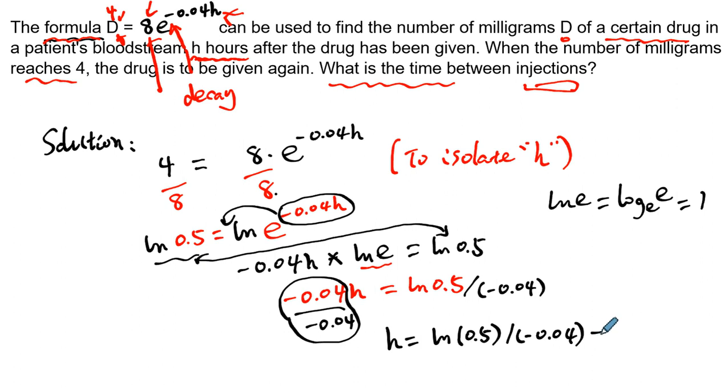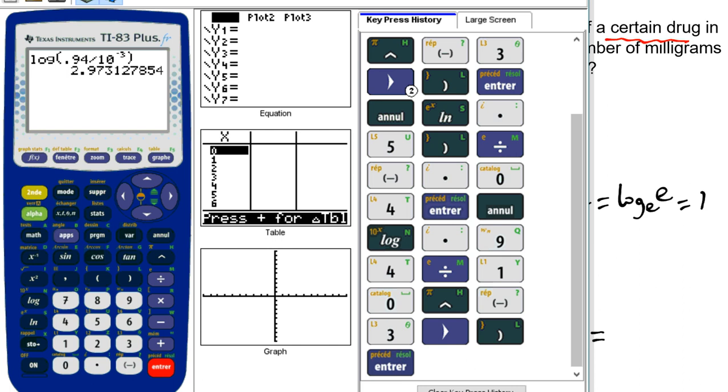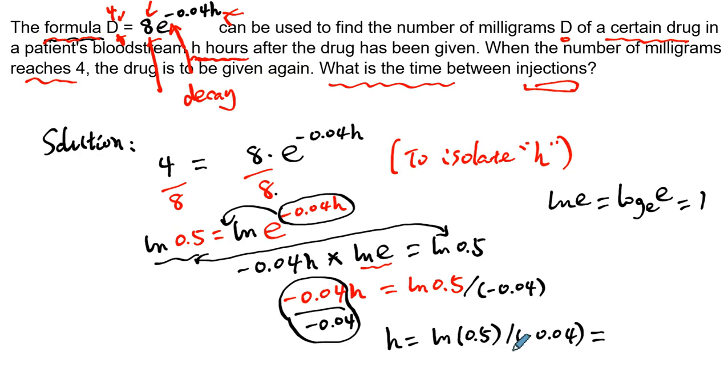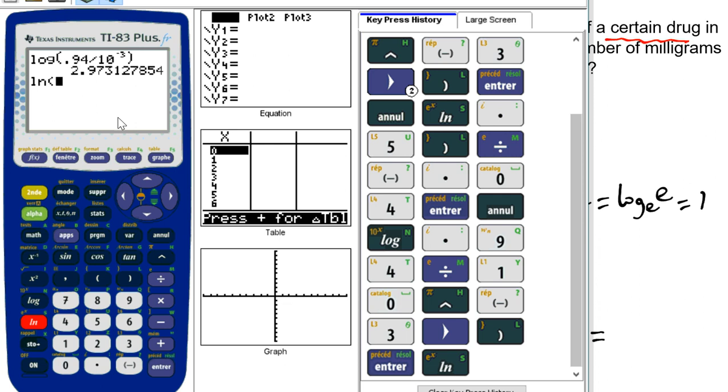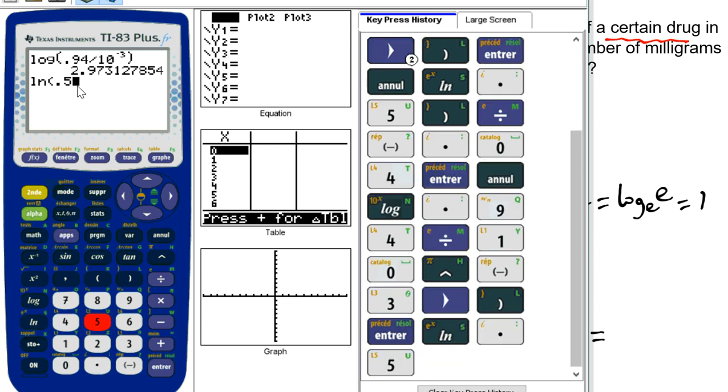Let me practice the value here. You want the natural log of 0.5, close bracket.